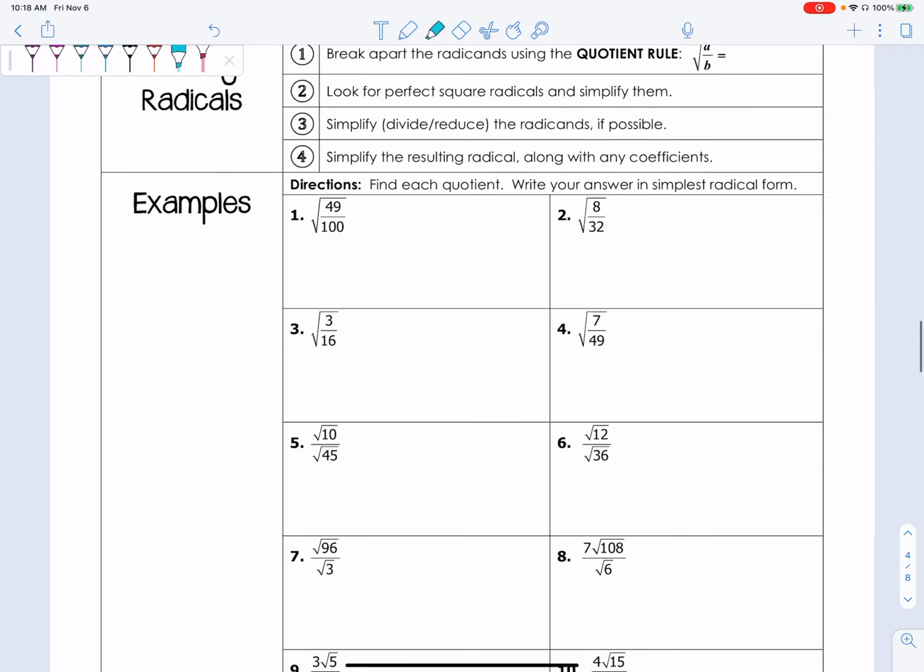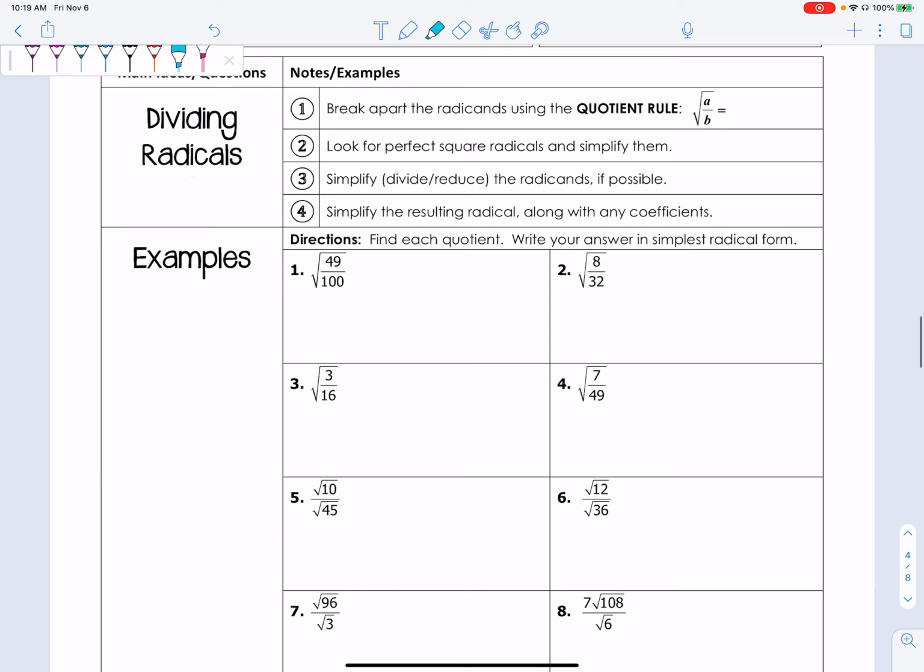We're going to skip down to division rules. Once again, the quotient rule, you can also break apart your quotient. What I mean by that is we would have the square root of a over the square root of b. Sometimes it's easier to simplify the square roots as one fraction. Sometimes it's easier to break them apart.